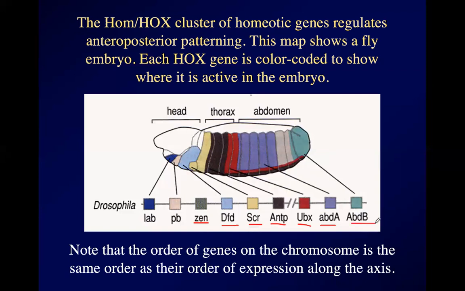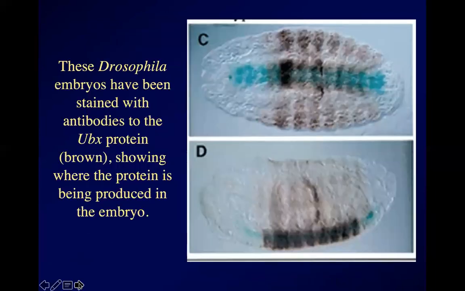So that's really neat. It's called collinearity. The order of the genes on the chromosome is the same order as the order of their expression regions along the axis from head to tail, which is weird. Just by way of example, these are some Drosophila embryos that have been stained with antibodies to UBX.